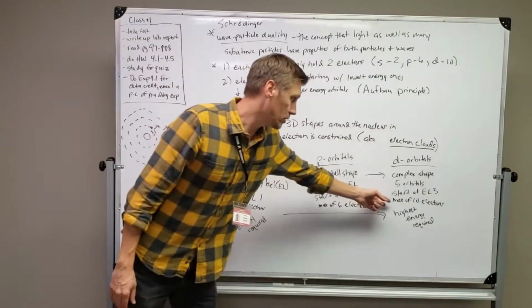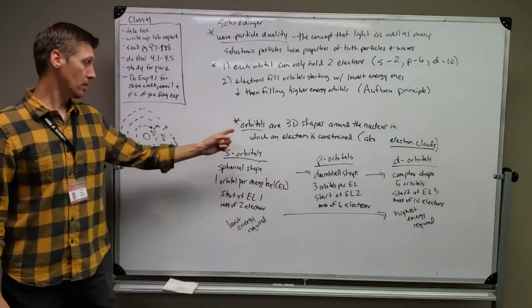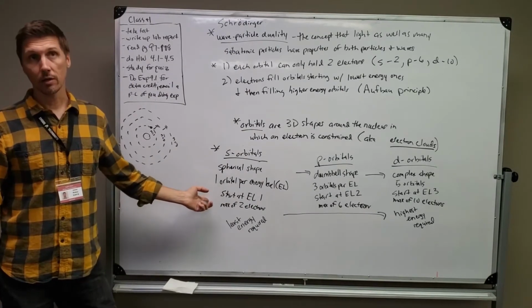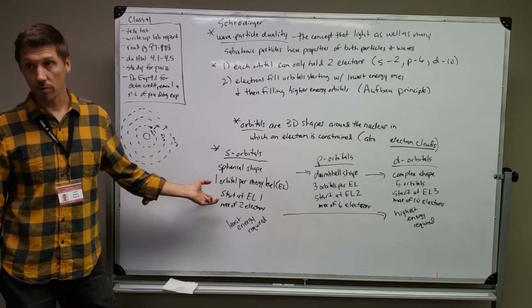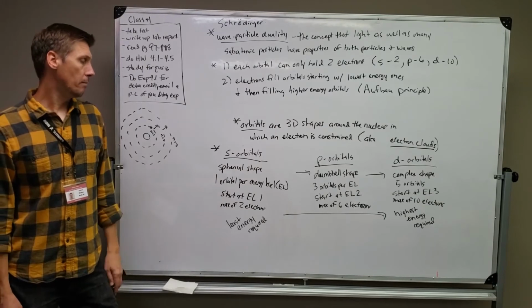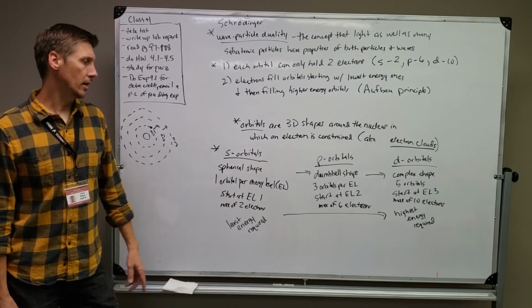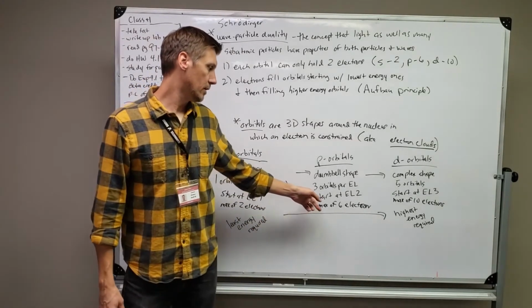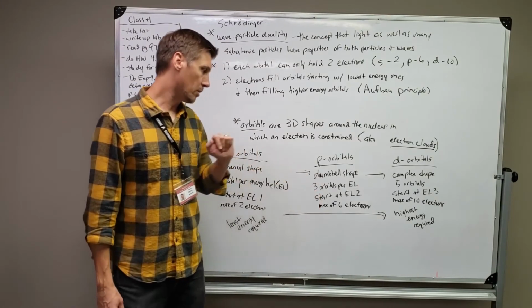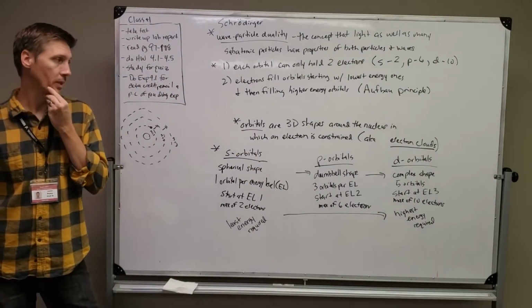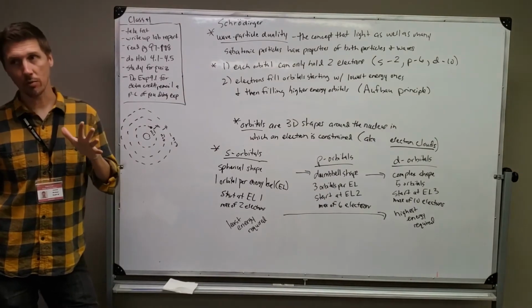Since the d orbitals don't start until energy level 3, then it's going to jump back down and start filling the s orbital at the 3rd energy level. And from then it's going to fill the p orbital at the 3rd energy level. And we're going to see that it does something kind of weird next.